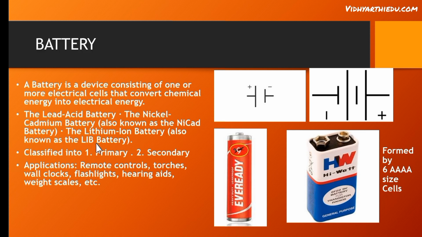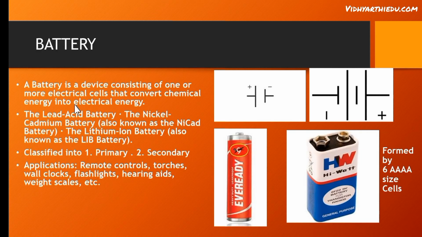In these batteries or cells, there is an electrolyte within the material. Whenever a load is connected to that cell or battery, that electrolyte will be dissociated into positive and negative charged ions, and the current will flow from that battery to the load.